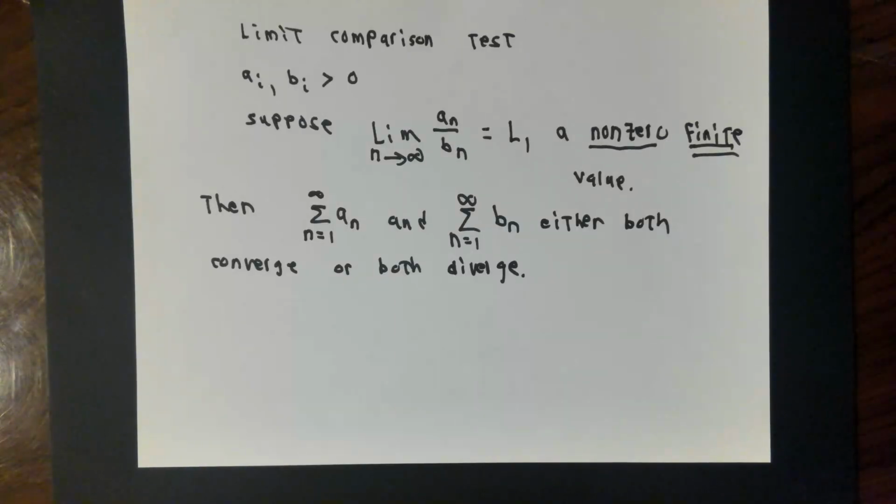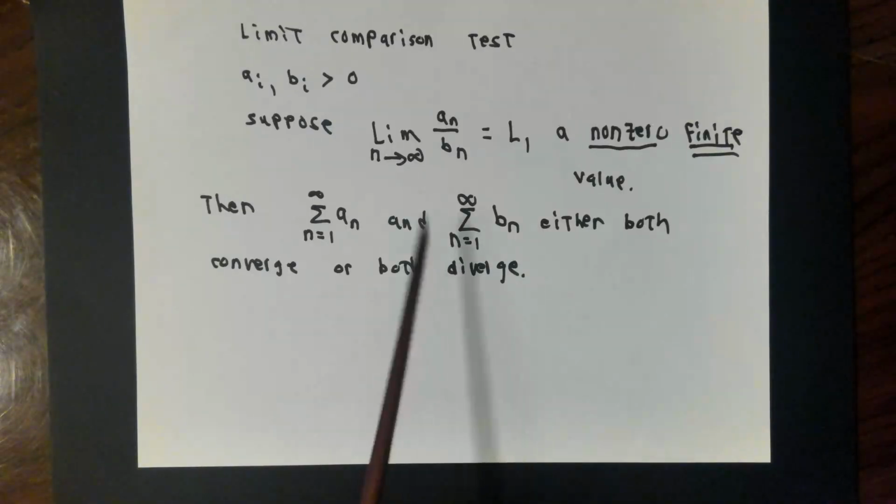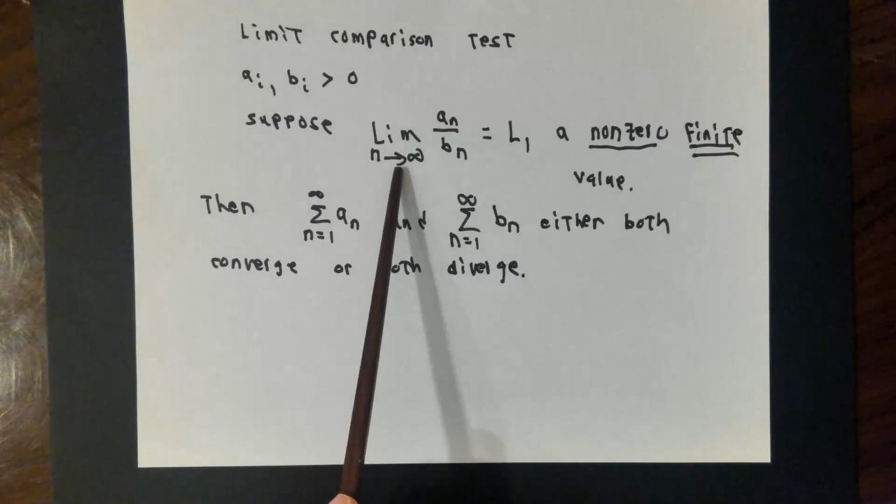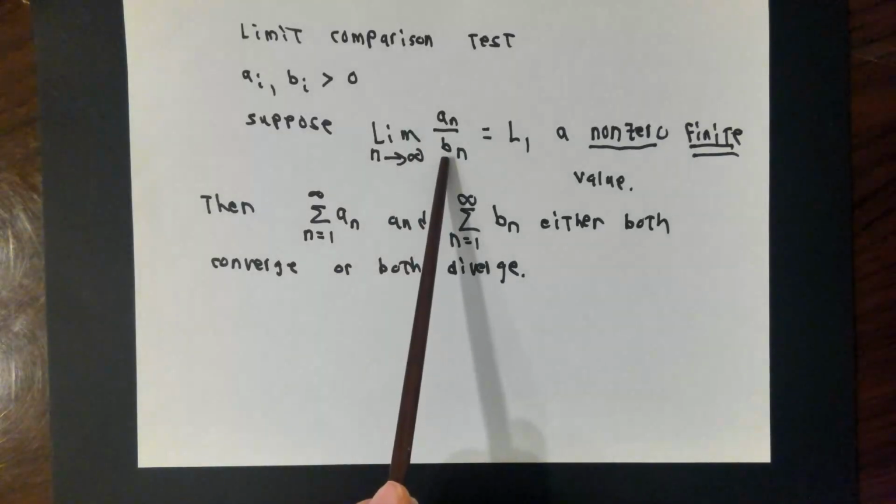There is another comparison test that we can use. This is called the limit comparison test. I'm going to assume that the A numbers and the B numbers are positive, or parenthetically, positive after a while anyway. I'm going to look at the limit as n tends to infinity of an over bn.